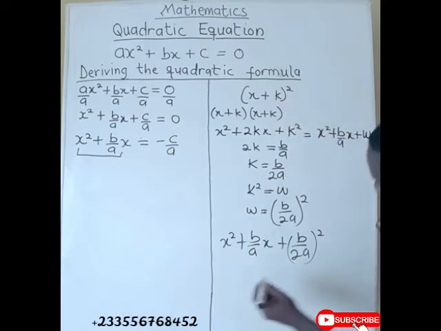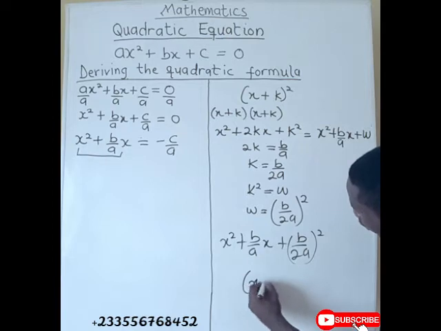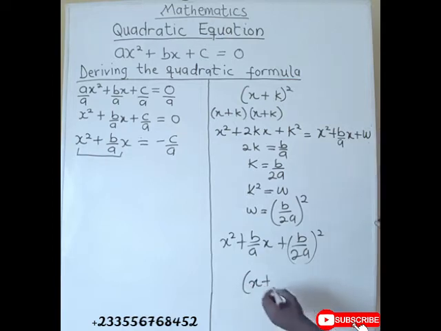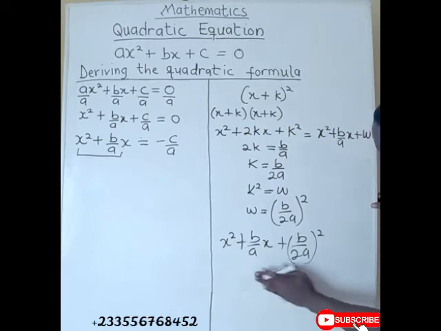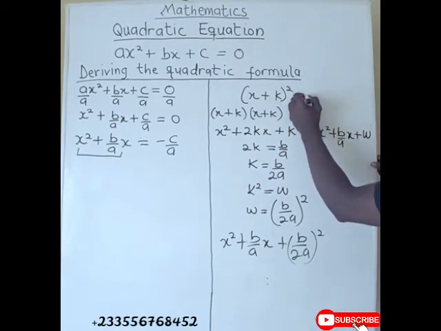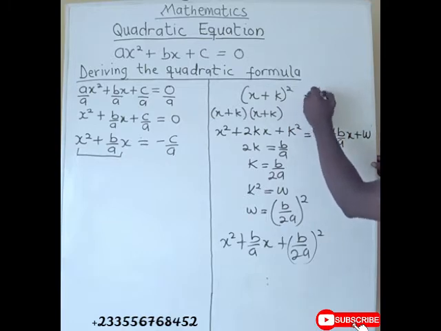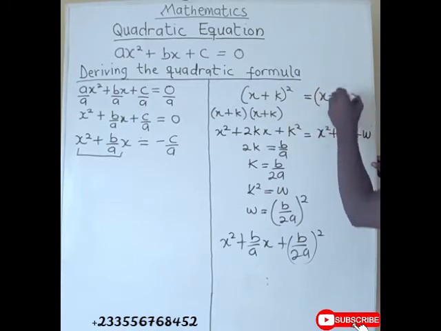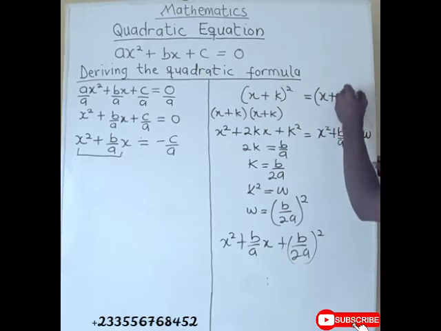So putting it back into the equation, that will be (x plus k), which is (x plus b over 2a) all squared.